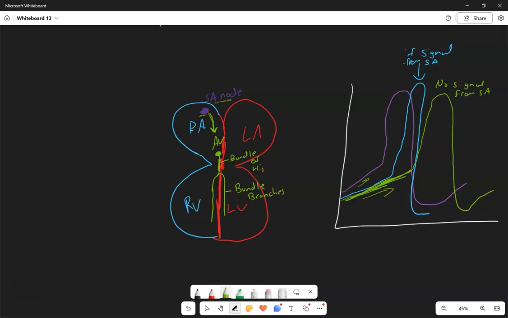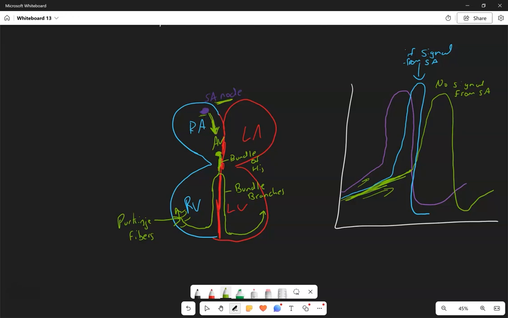Okay, and the bundle branches continue to the apex of the heart, the base of the ventricles, and then they flip around and they come up the lateral aspects of the ventricles, like so. And there are little pieces that come off of there, and these here are known as the Purkinje fibers.